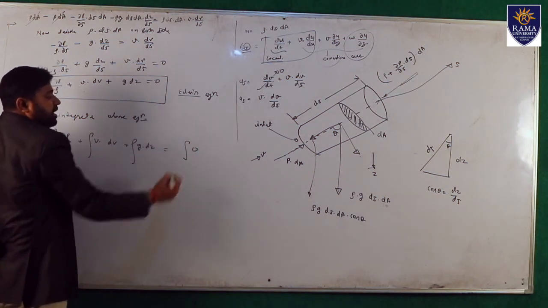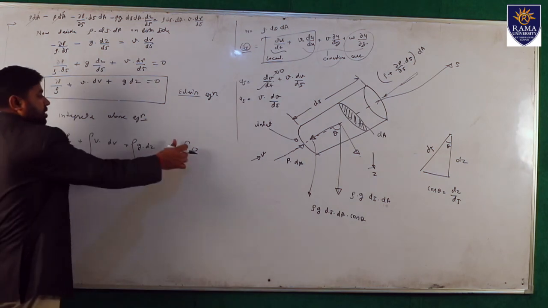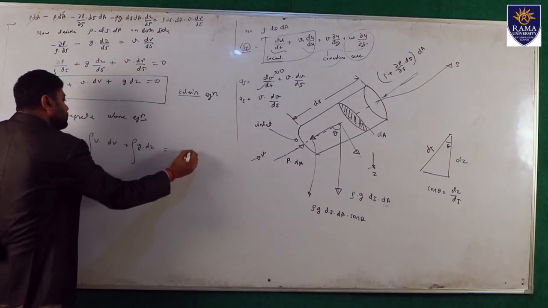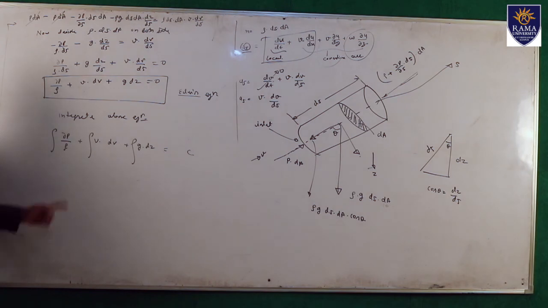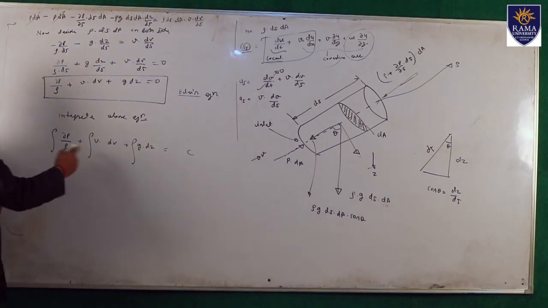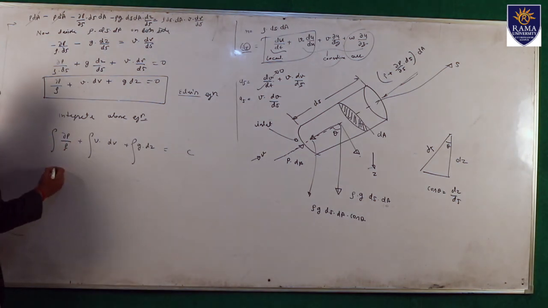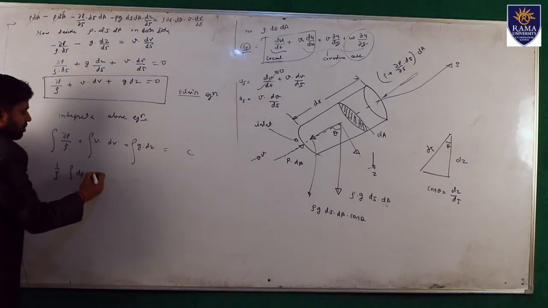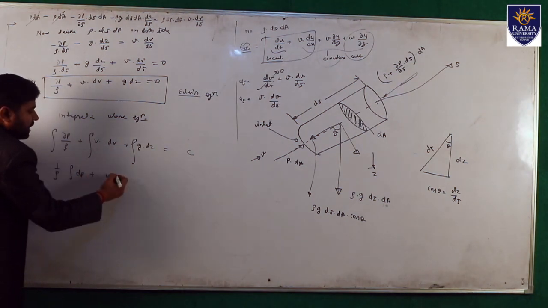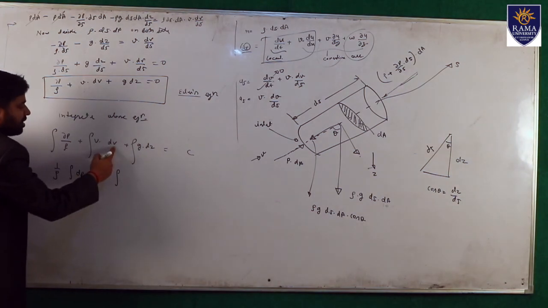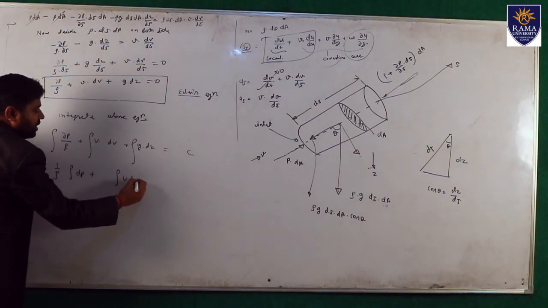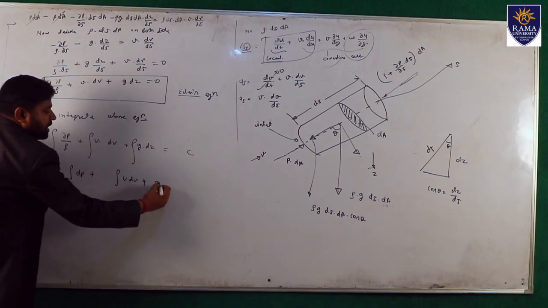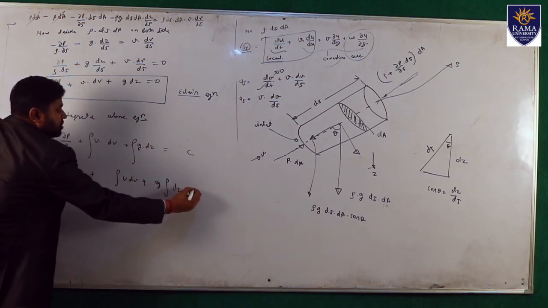If we integrate the 0, then this will become a constant. So if 1 upon rho is a constant, integrate only dP, plus V cannot be outside because V is the operator, so V is always inside. Plus g is taken as constant and dz equals to C.